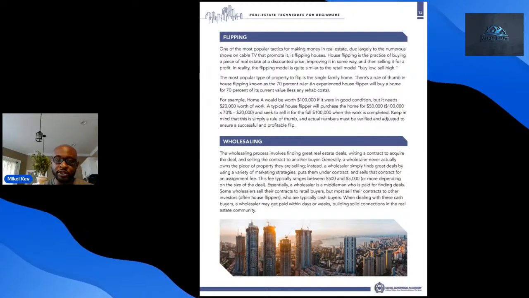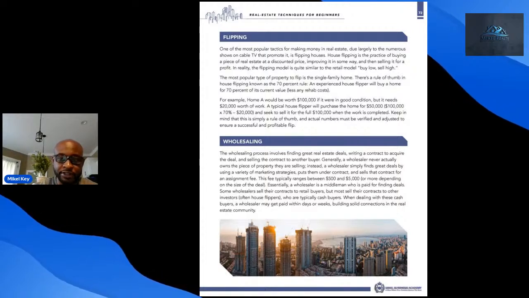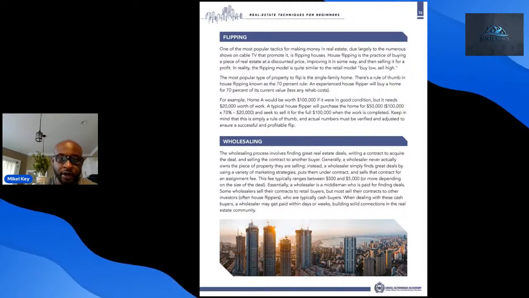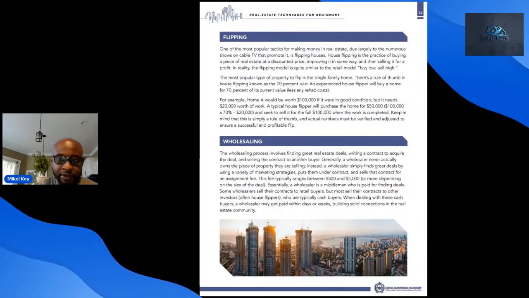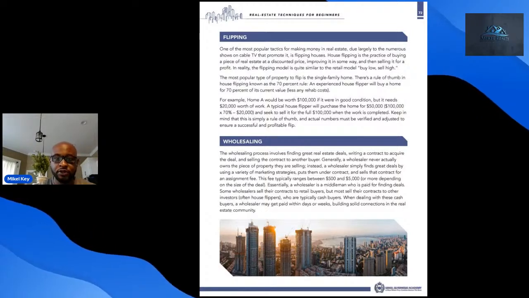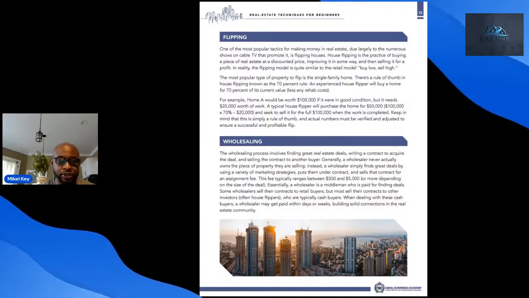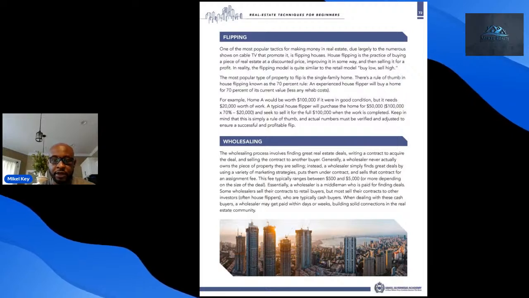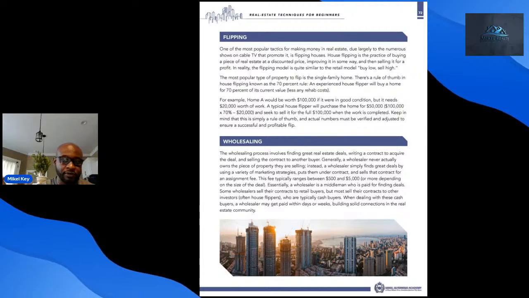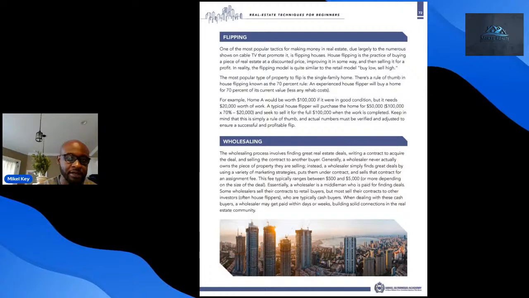Now, the 70% rule says that you don't want to invest more than 70% of the home's after repair value in the renovation cost and the cost to purchase the property. So, for example, if the after repair value of a home is $100,000, you can invest no more than $70,000, because 70% of $100,000 is $70,000.